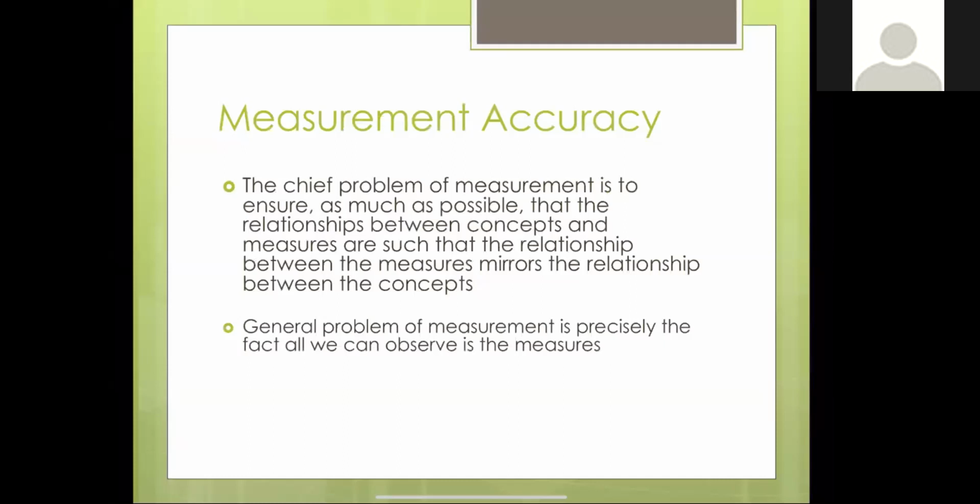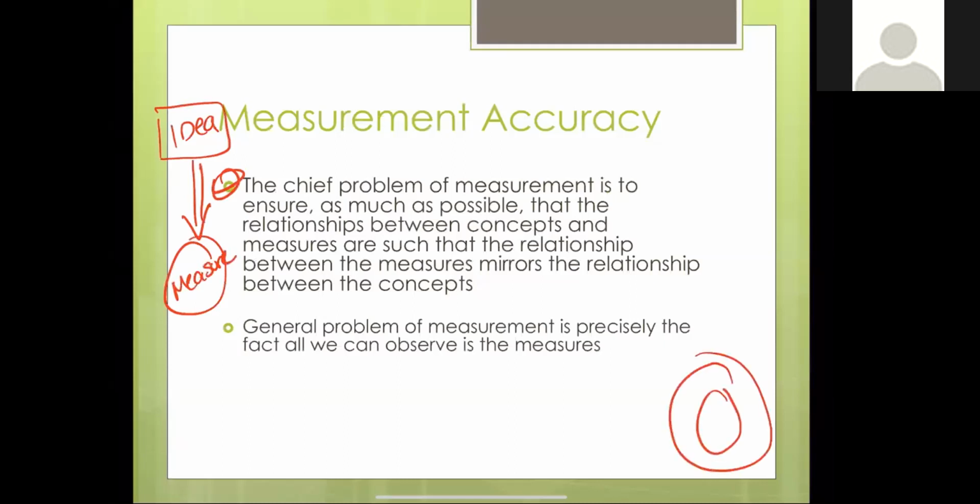So, measurement accuracy. The hardest part is that when you have an idea of some kind, you have to translate it down into a measure. Think about having a target and shooting an arrow.